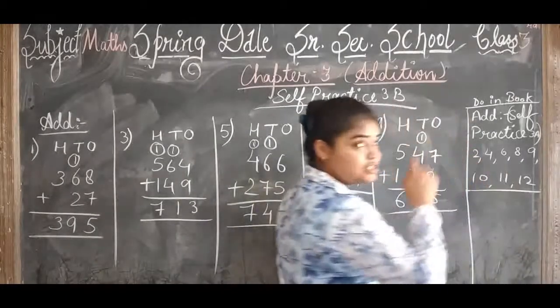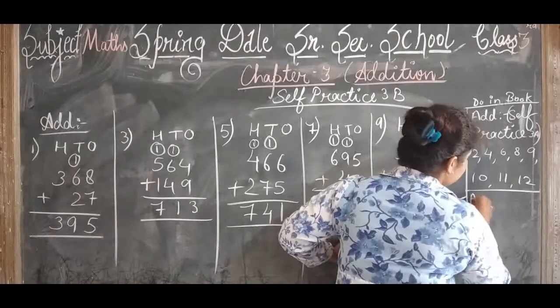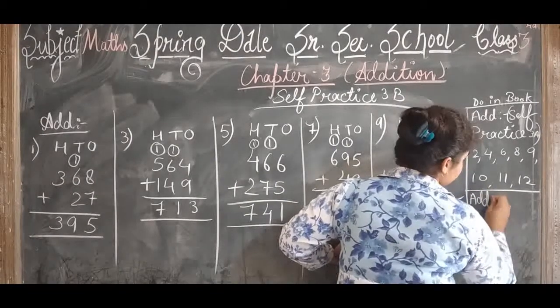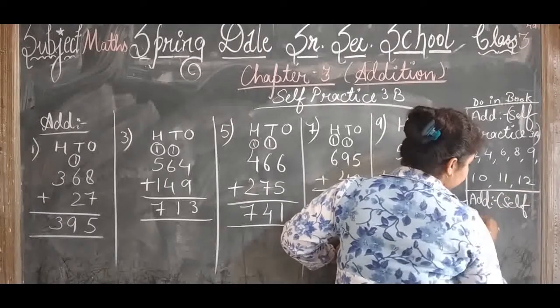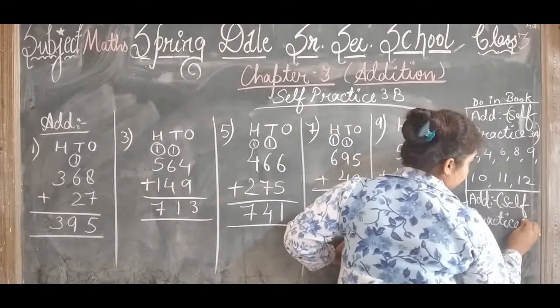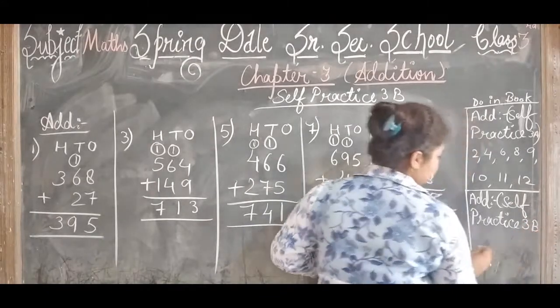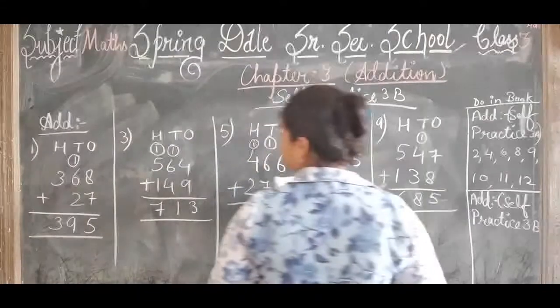Now write the homework for this also. You have to do this homework also in your textbook. Okay children? Add self practice 3B. Which questions you have to do, I will just write on the blackboard.